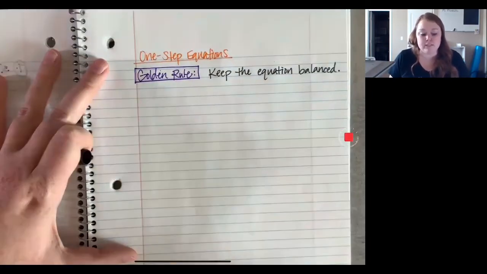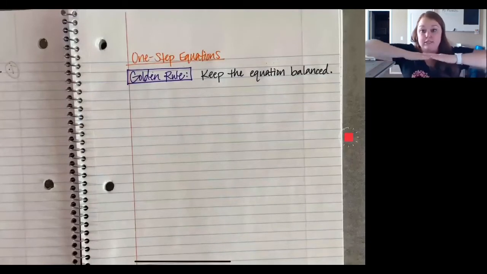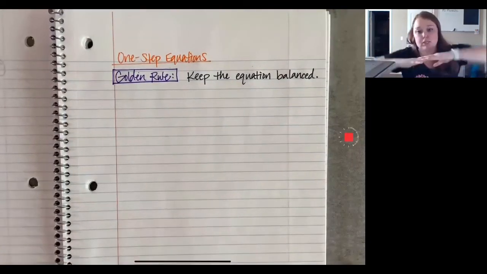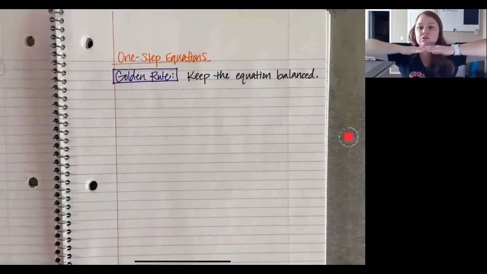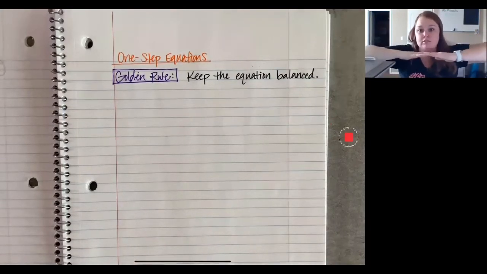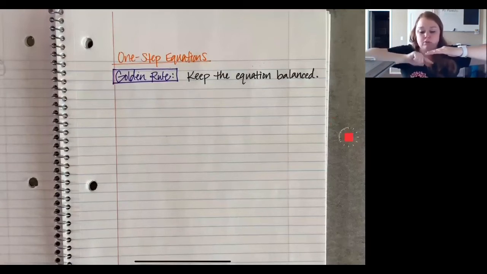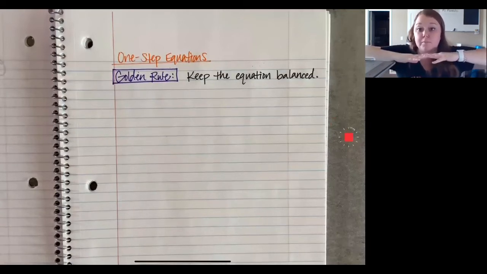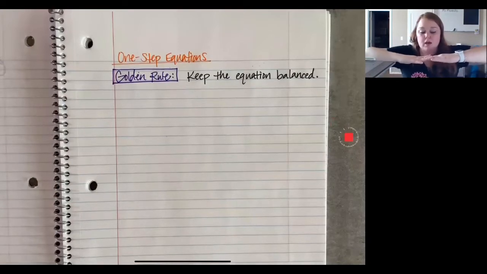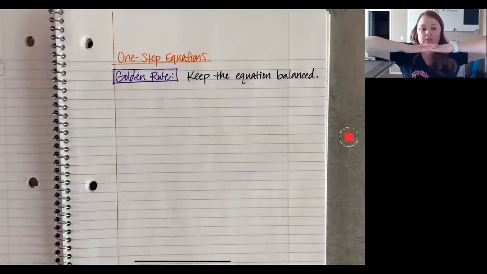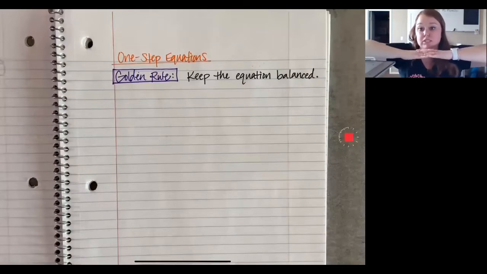All right, so I literally think of equations as like a teeter-totter. So remember when you were little and you went to the park and your brother got on one side and you got on the other? So a teeter-totter is, we can also consider a balance. There's a middle piece, it's called the fulcrum, that's the scientific name, and it keeps that in balance. So let's pretend that that teeter-totter was level, nobody's sitting on it.